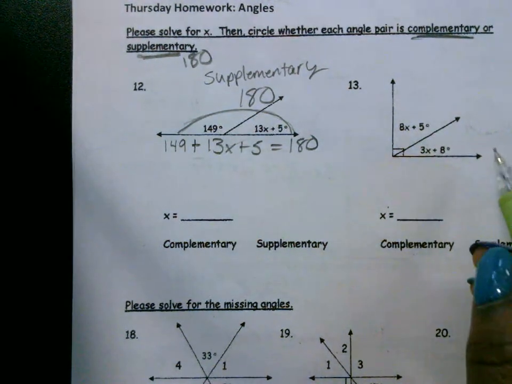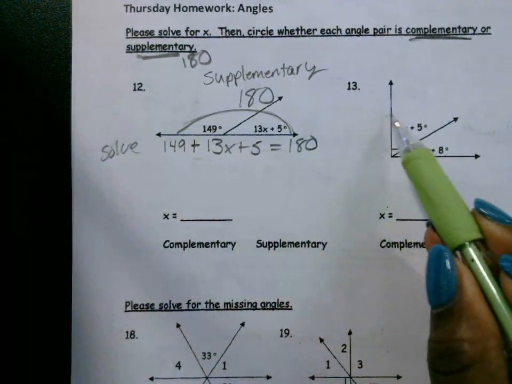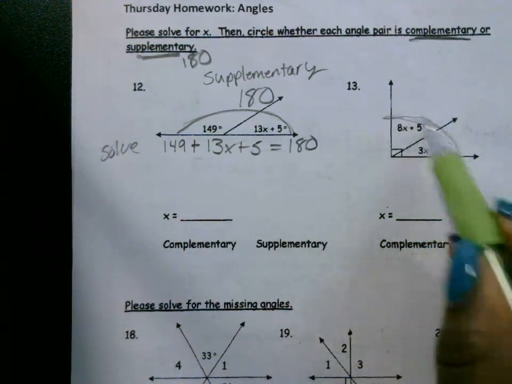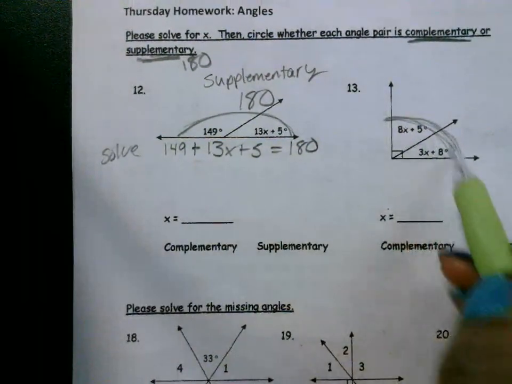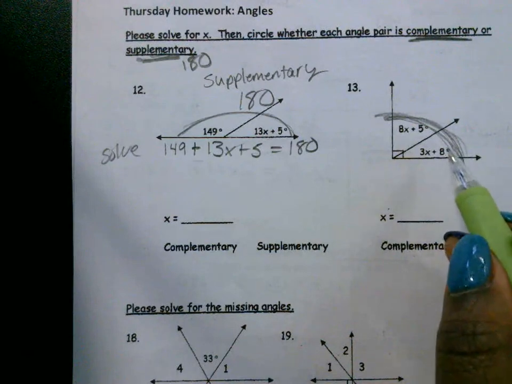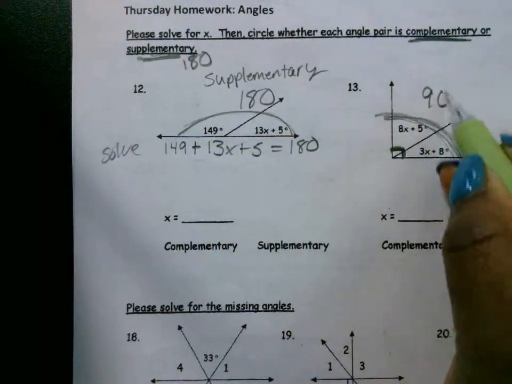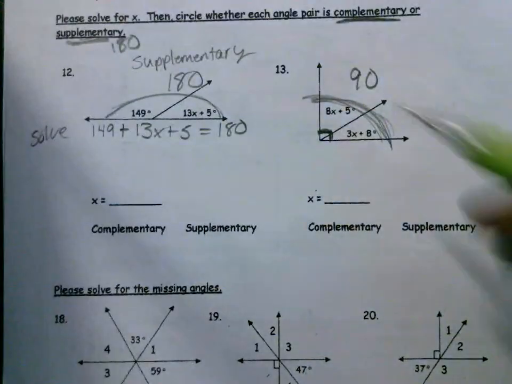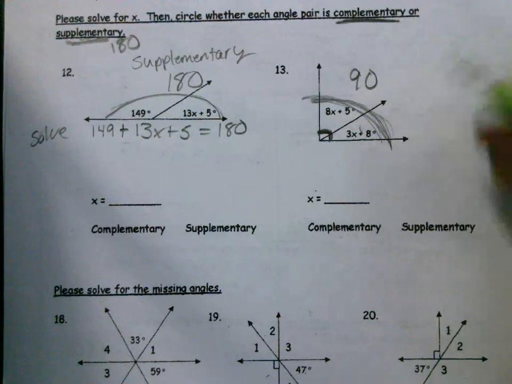Don't forget to solve this, okay? What's the relationship between these two angles here? Is it complementary or supplementary? Complementary. That means they add up to what degrees? A 90-degree angle. So you're going to add these two angles together and set it equal to 90 degrees.